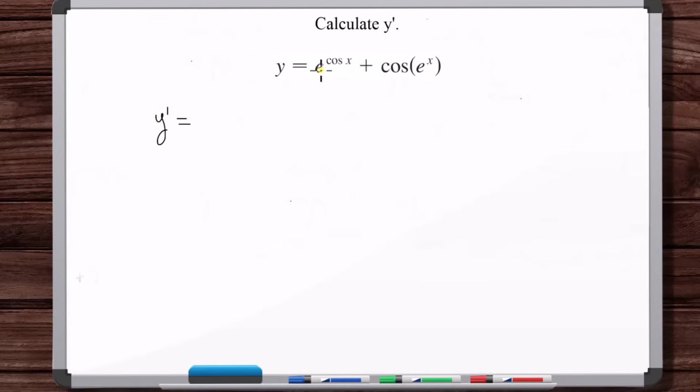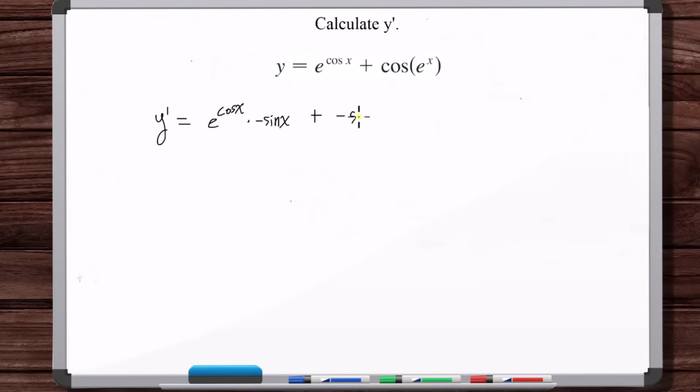Okay. Chain rule. What is the derivative of e to the something? It's just e to that something times the derivative of that something. The derivative of cosine of x is minus sine of x. Okay. Chain rule again. What is the derivative of cosine of something?